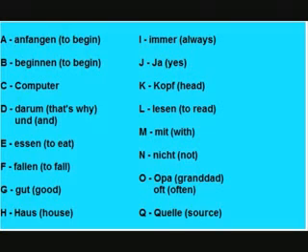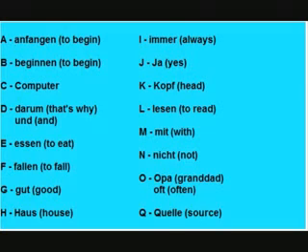The F is like in English, like in fallen, which means to fall. The G is pronounced like a G, like in gut, so good. The H is like in English, an H sound, like in Haus, which means house. The I is pronounced like an E, with example immer, which means always.